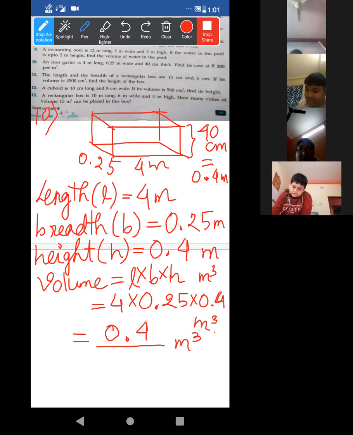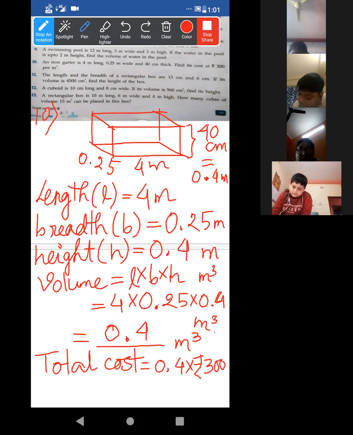Yes, ma'am. Okay, now look at this. Suhana understood, beta? Now you have to find the total cost. The total cost per meter cube is given 300. So this one will be 0.4 into 300, rupees 300. Understood or not? Yes, ma'am, understood now.